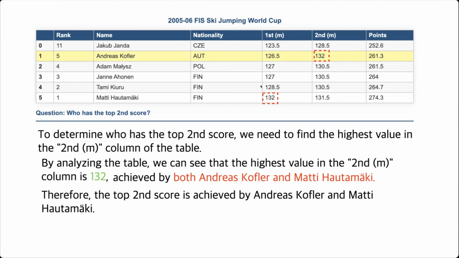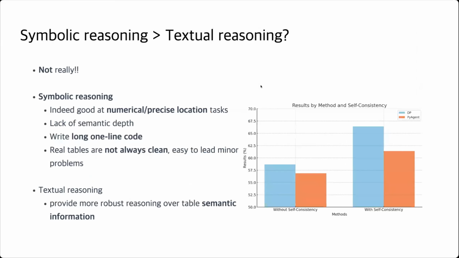This difficulty arises because the data across these columns are quite similar, making it hard for the model to distinguish between them during the textual reasoning process.